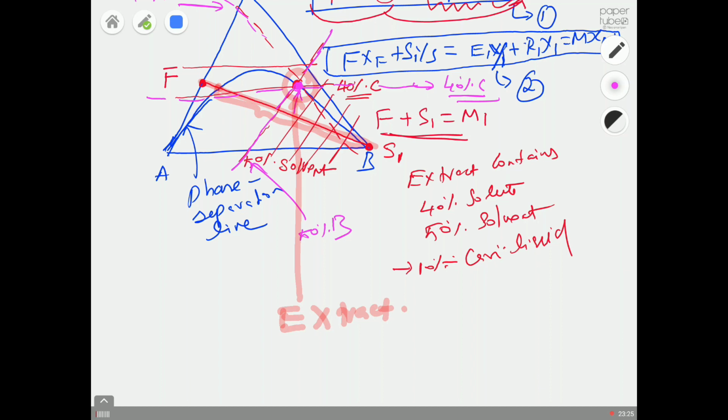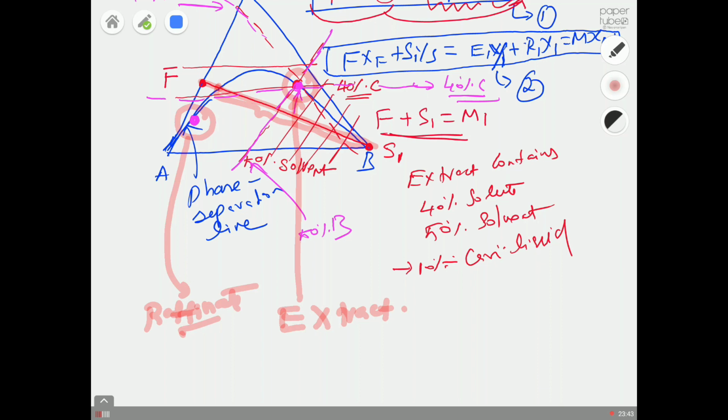This way you can also locate your raffinate, for example. Say your raffinate lies somewhere on this point. So follow the highlighter now. This is your raffinate. Let's assume that's our raffinate point.